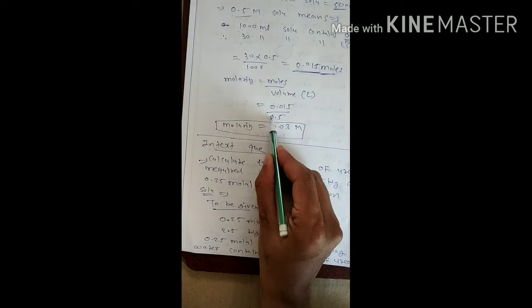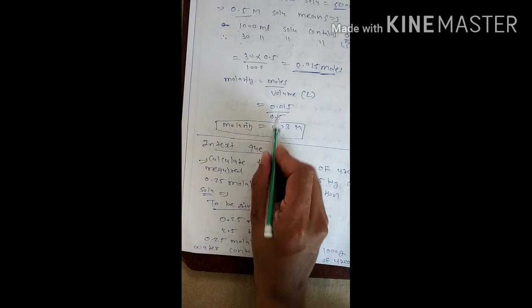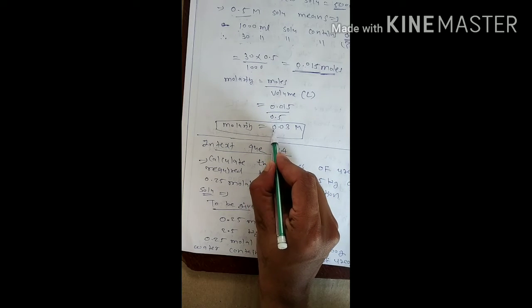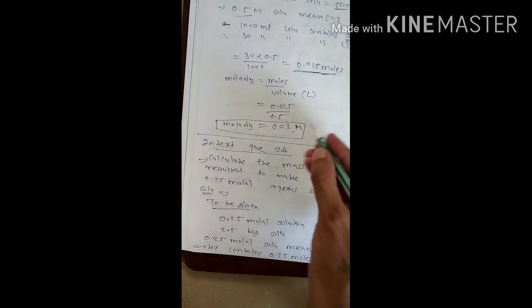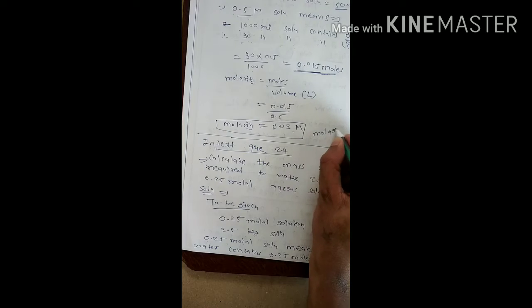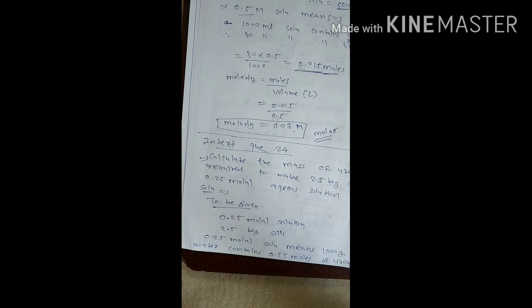So I have written 0.5 liter here. So by calculating this you will get 0.03 capital M molar. Okay. So this is the third example.